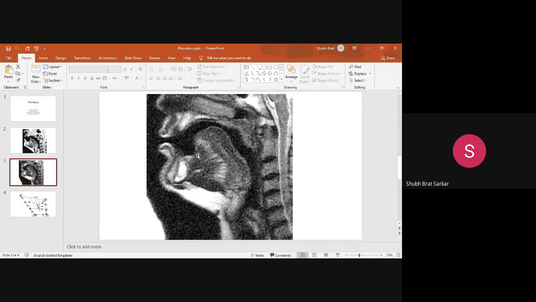I repeat, in English RP, there are 12 pure vowels. These 12 pure vowels are further classified into short vowels and long vowels. All these vowels are produced when the articulator, the tongue, takes a definite position.